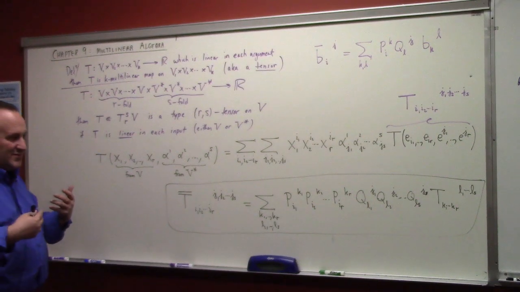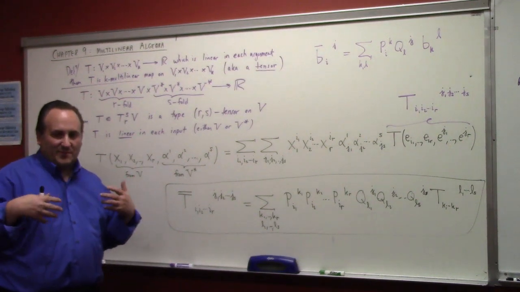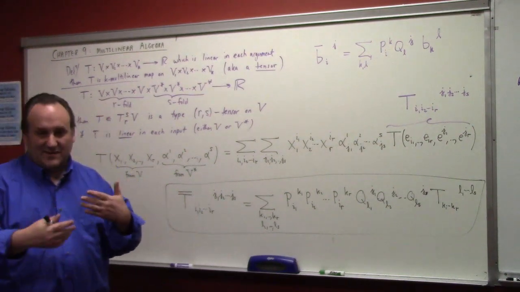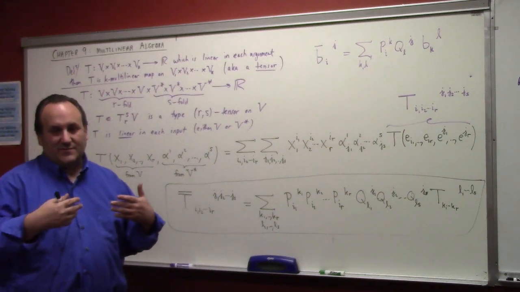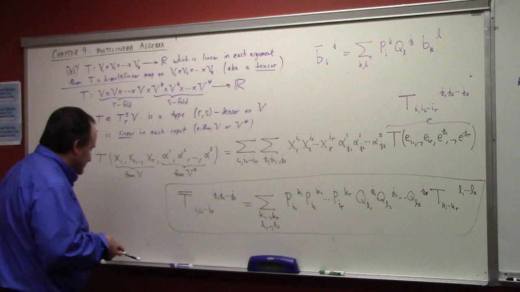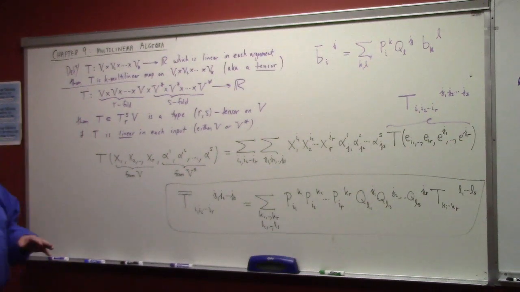For the basis E1 through EK, we actually use partial derivatives, like partial x1 is the E1 and so forth, and the dual basis becomes differentials, as we'll see. But that's a forward comment.